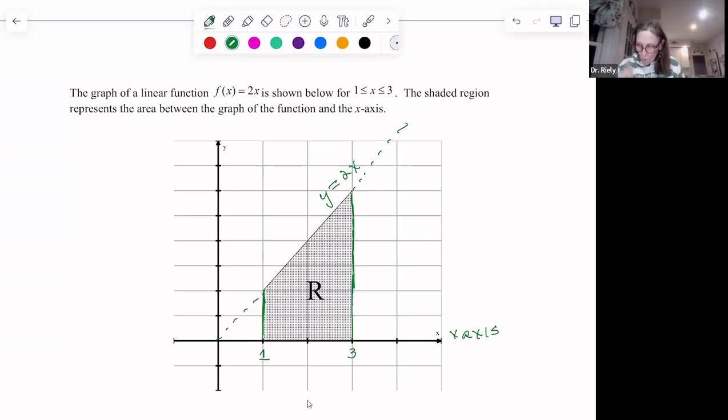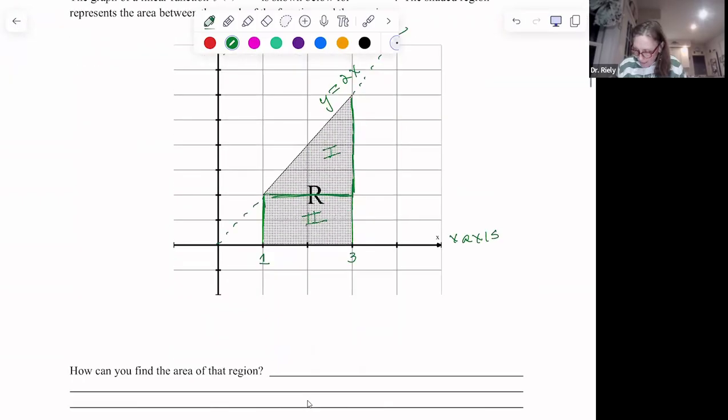Okay, so when we did the first one, we had just a rectangle. So we really can make this into 2 shapes. So we have one shape that's a triangle and a second shape that's a rectangle, and we can get the area of both.